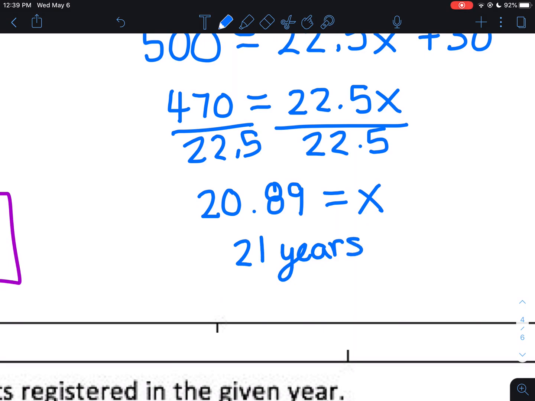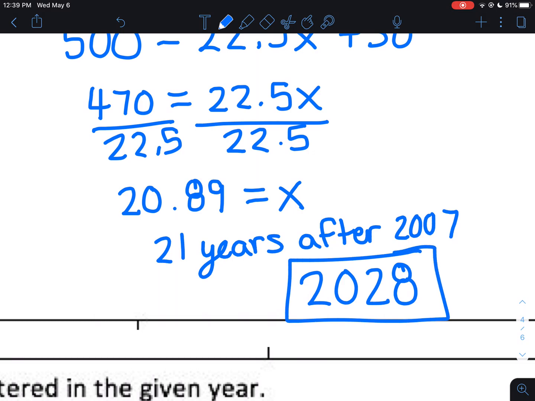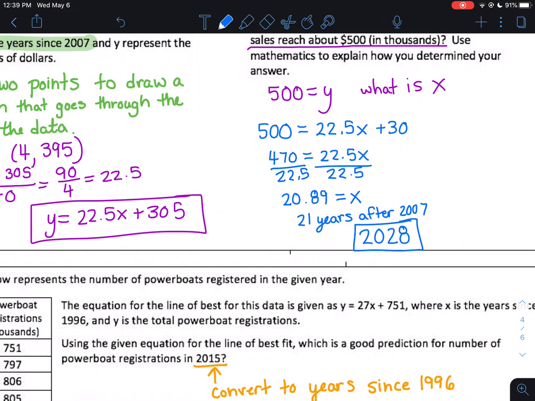But remember, that is after 2007. So if you add 21 to 2007, the year this is going to happen is going to be 2028. Or really during 2027, but we'll round up to 2028.